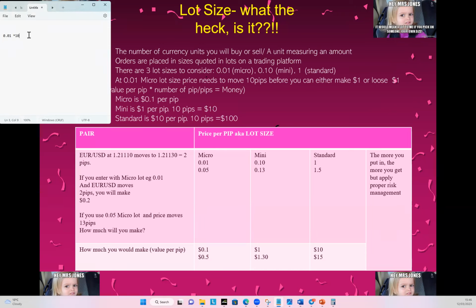Can you guys see that clearly? Yeah. Now, to know the value per pip, just move the number to the back of the zero. I'm talking about the micro now, the first one, which is 0.01. Just move the one to the back of the zero.